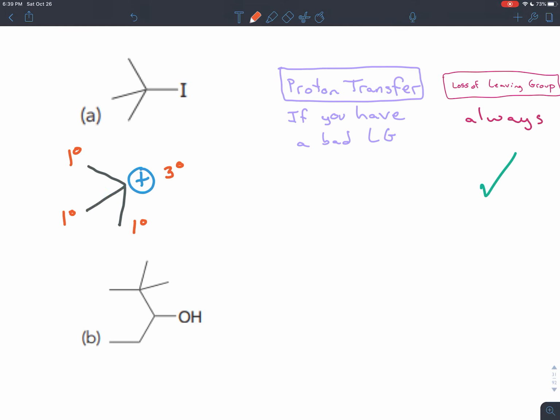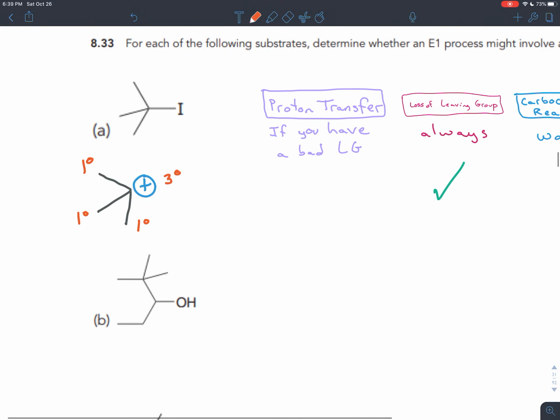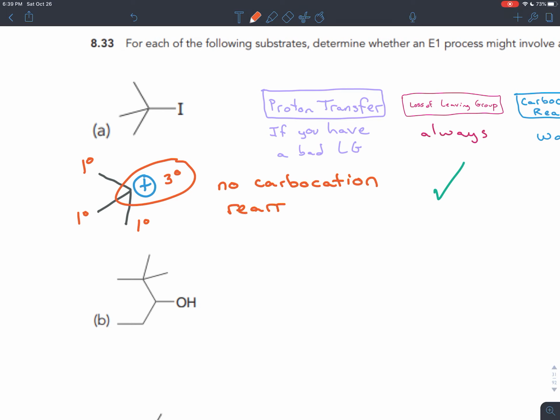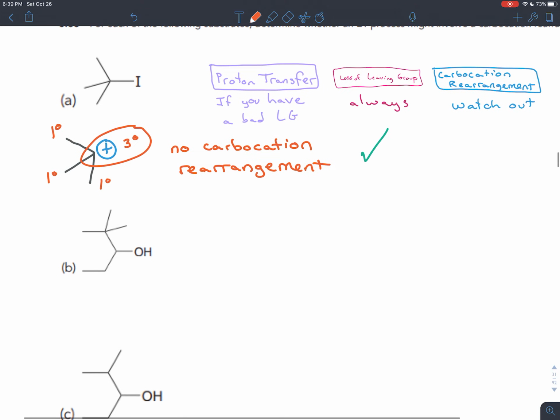These carbons are each just bonded to 1 carbon, so they're both primary. So the carbocation is already on the most substituted, and therefore the most stable position. It's already on the most stable position nearby, and so you won't have carbocation rearrangement if you do an E1 reaction with that molecule.